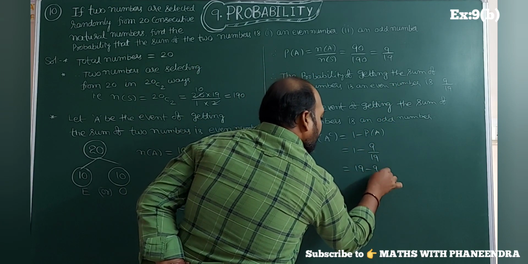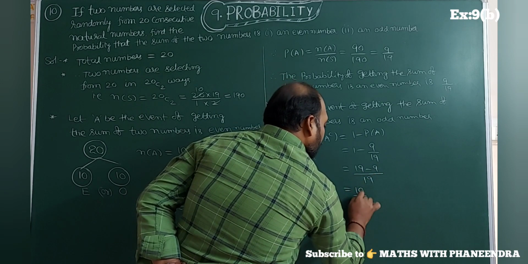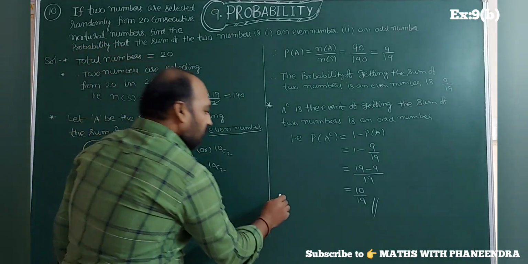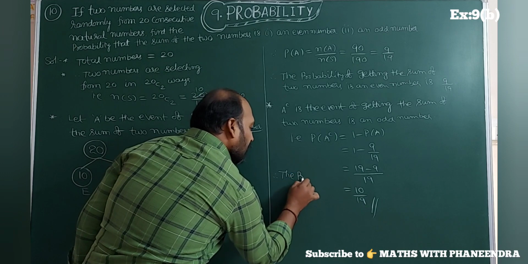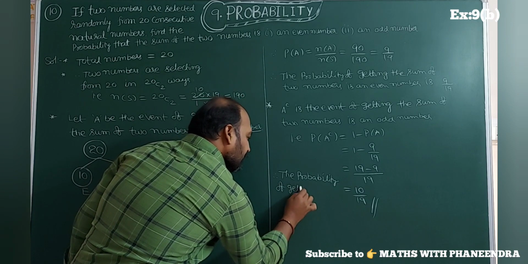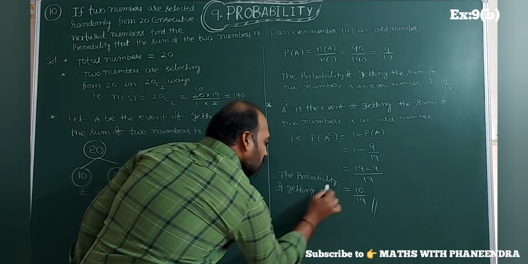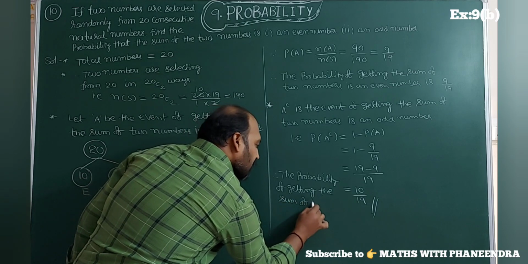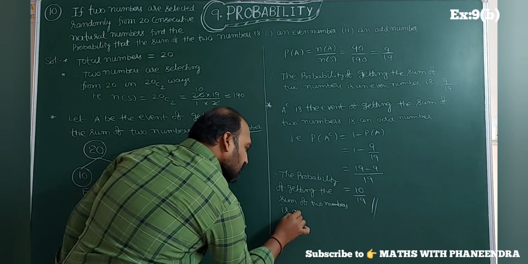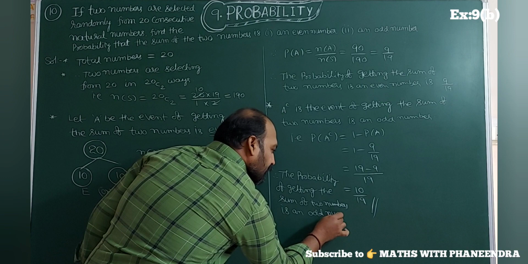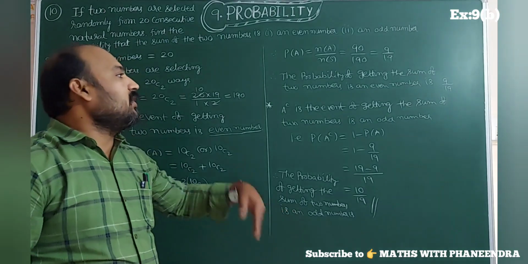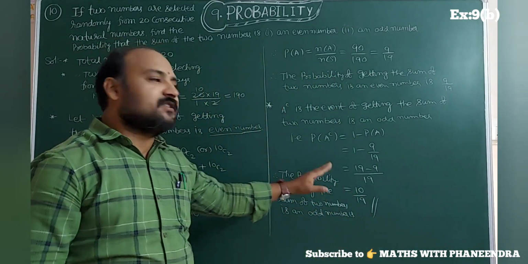Take LCM, 19 minus 9 by 19, that is equal to 10 by 19. Therefore, the probability of getting the sum of two numbers as an odd number is 10 by 19. So even number is 9 by 19, odd number is 10 by 19.